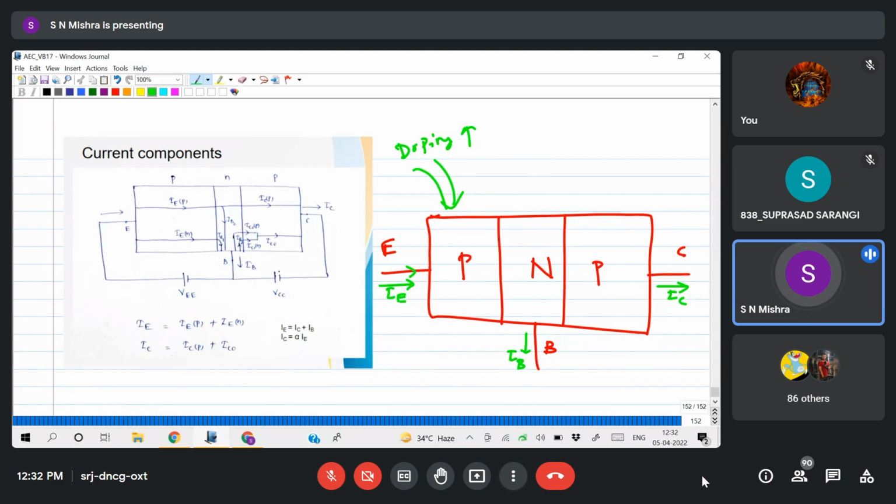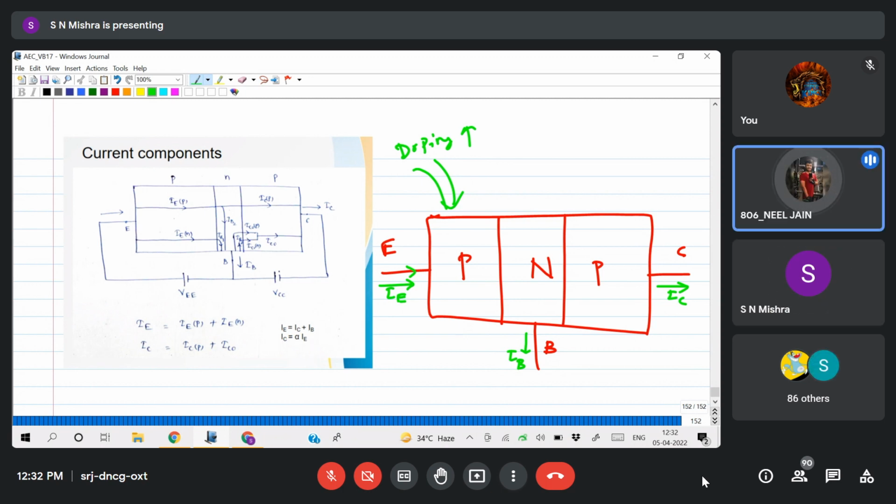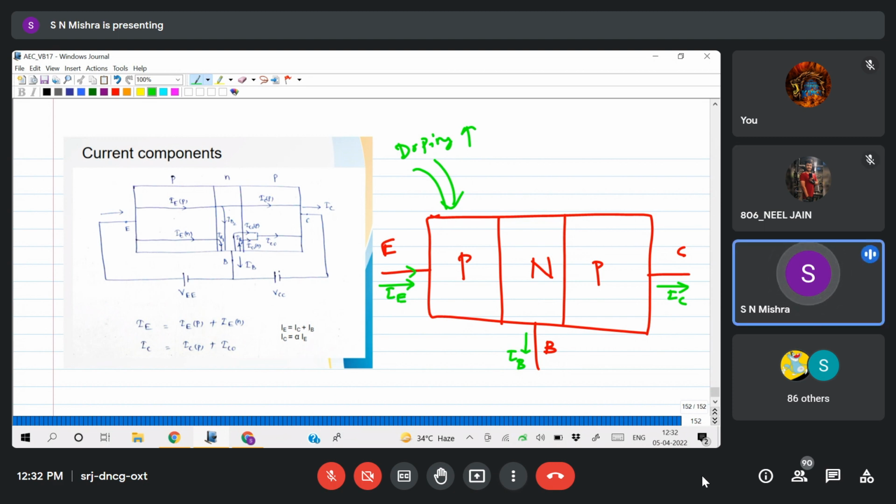Why are materials doped? What is the use of doping? To increase the conductivity, by increasing the carrier concentration. Yes, sir.